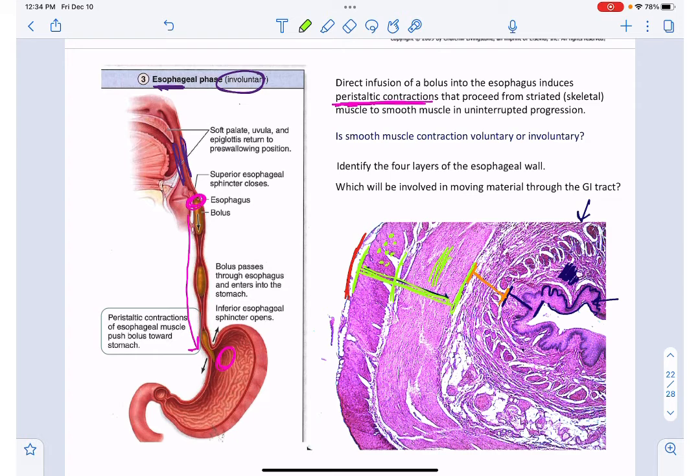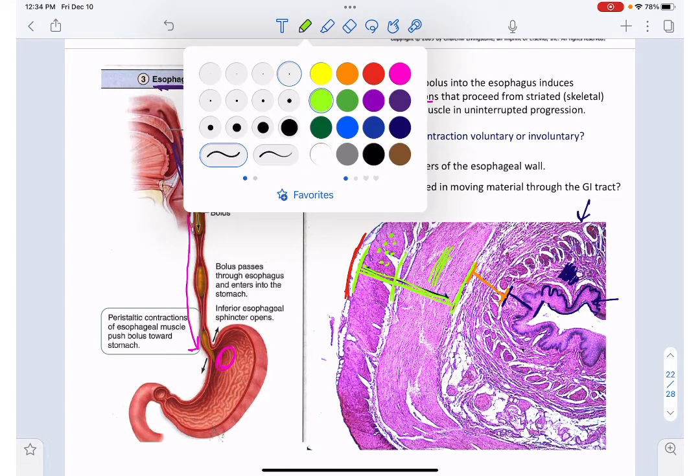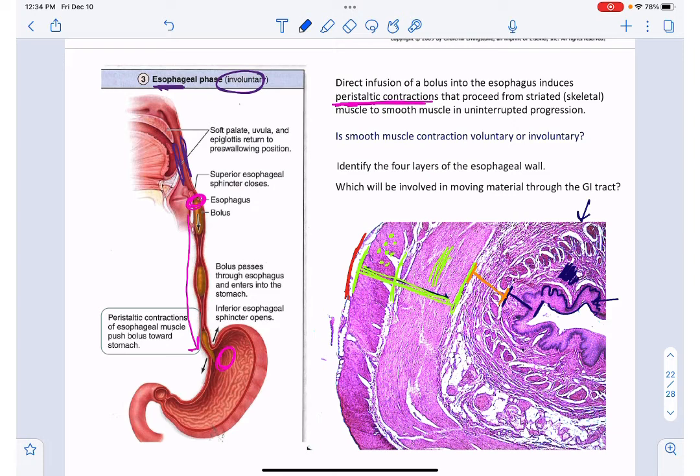And so the smooth muscle contractions that are driving this food bolus down the esophagus are going to be strong. If you had to take a guess of which one of these smooth muscle layers is primarily involved in moving that food bolus down the esophagus, which one would it be? It's going to be this inner circular layer, because when it contracts, it pinches, and that closes the lumen and propels the food bolus on down.